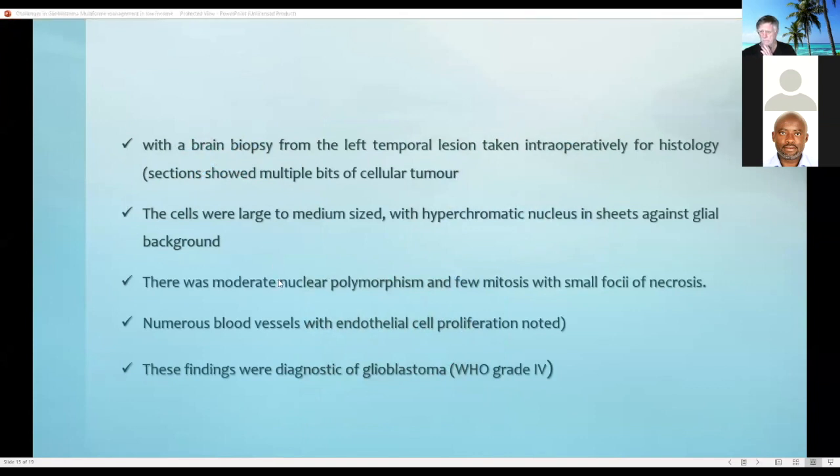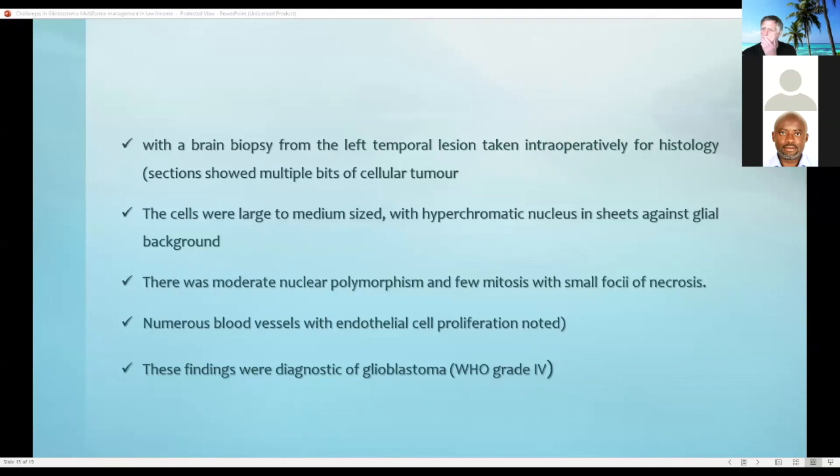So during the operation, we did a brain biopsy from the left temporal lesion, and we sent it for pathology. The result came to us a few days after that and showed cells which were large to medium sized with hyperchromatic nucleus in sheets against a glial background.